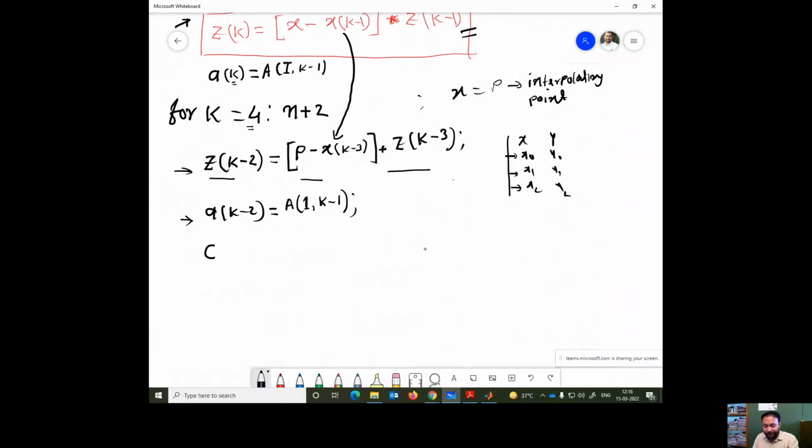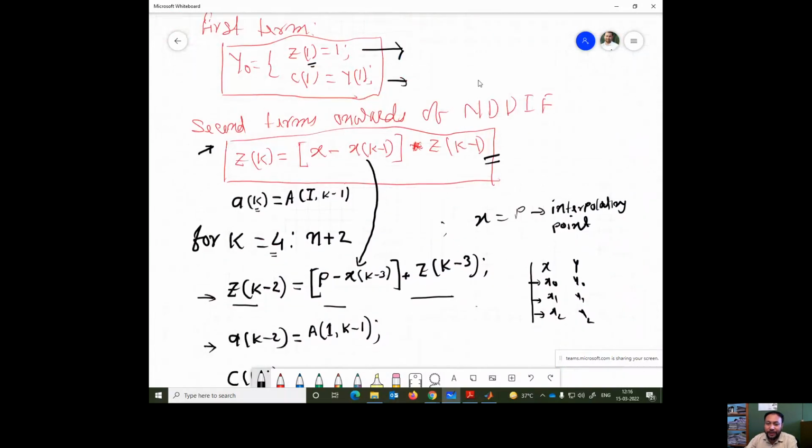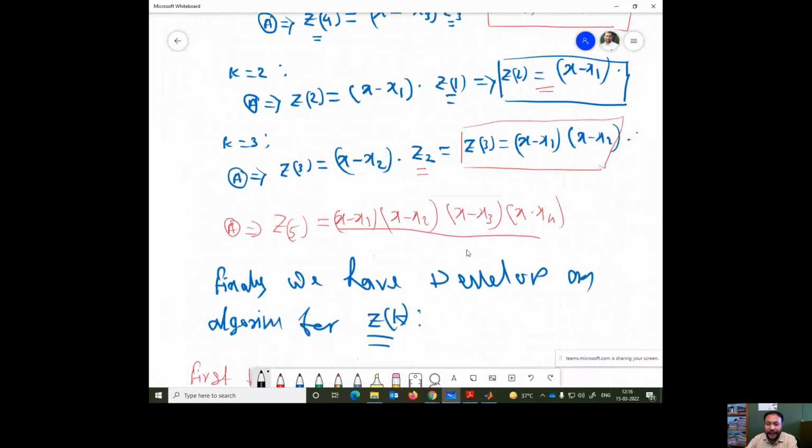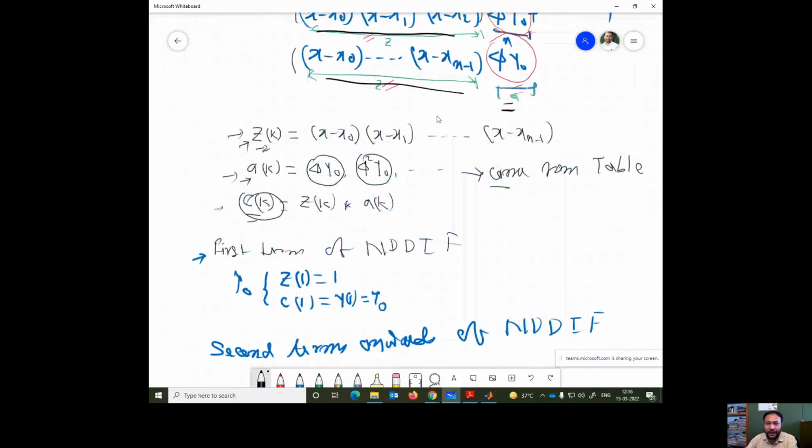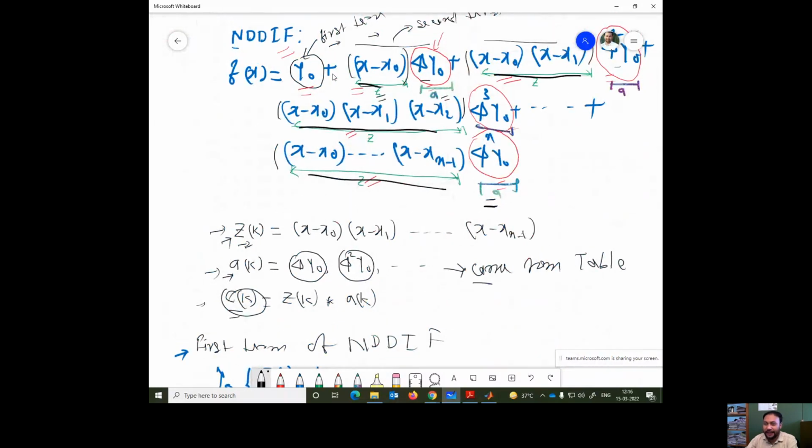Now let us define C. Suppose again k minus 2. What is the formula of the Newton divided difference interpolation? If I look at the formula, it is y naught plus x minus x naught into delta cross y naught. What is x minus x naught?